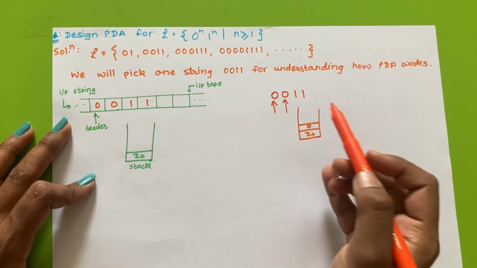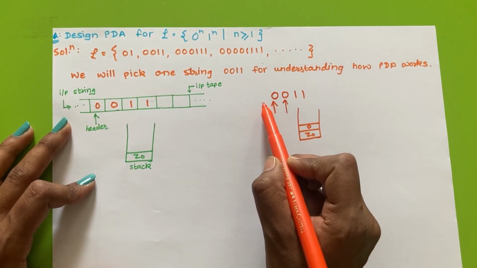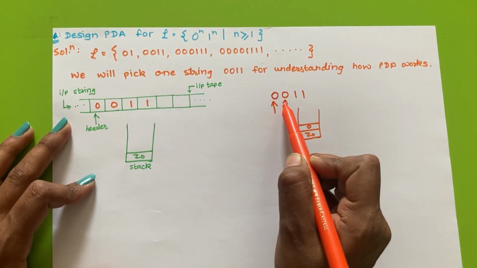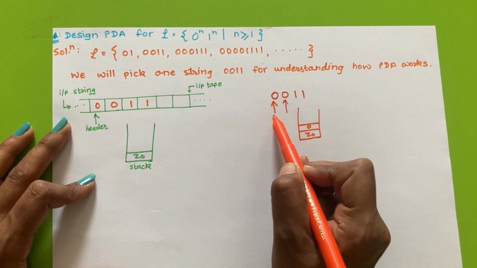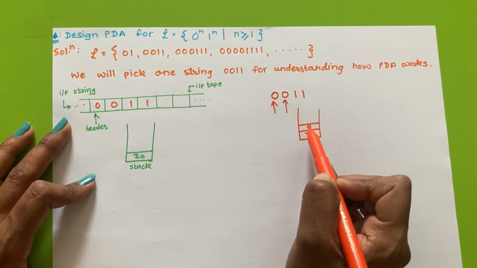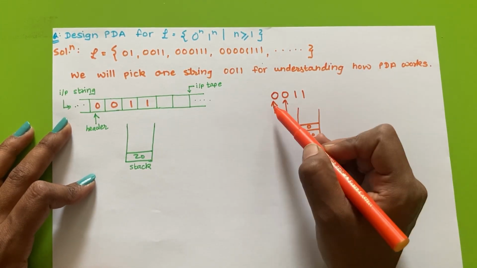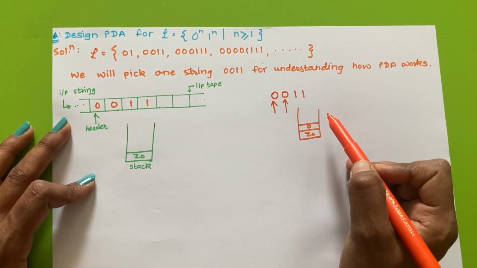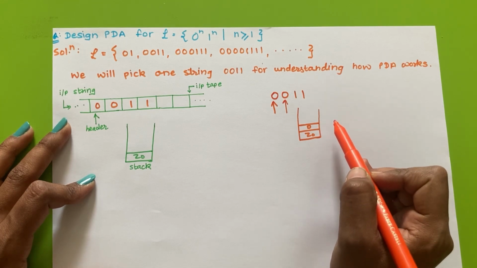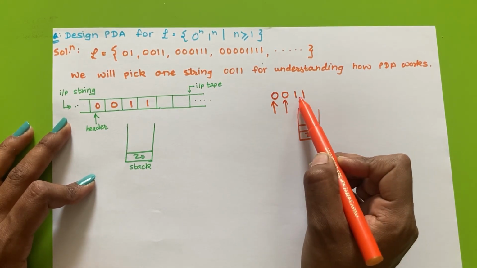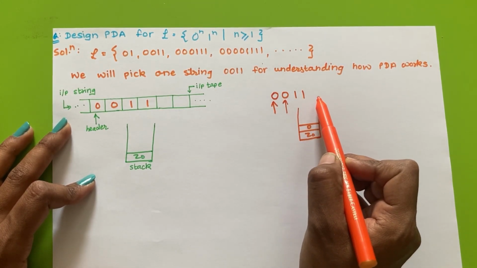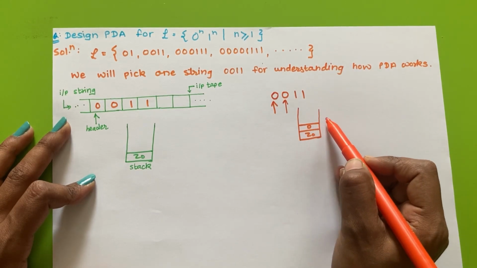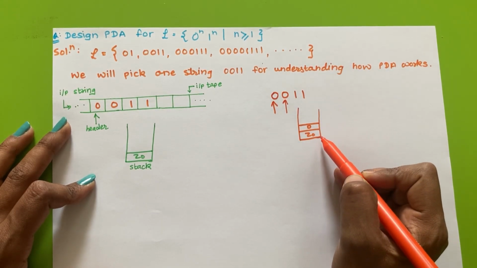Whenever I have zeros, all zeros should be pushed onto the stack. After reading all zeros, for every 1 I will pop a 0 from the stack. When I finish all the ones, there should not be any 0 remaining in the stack.